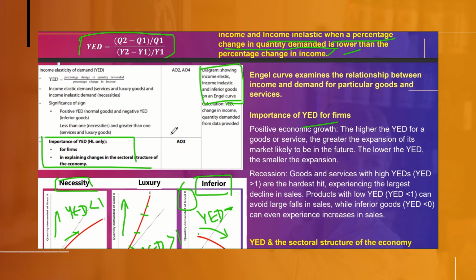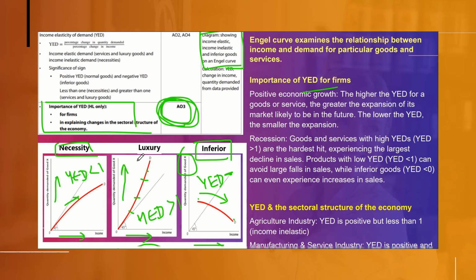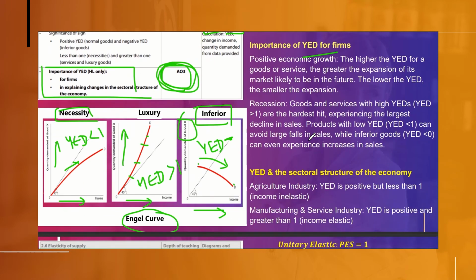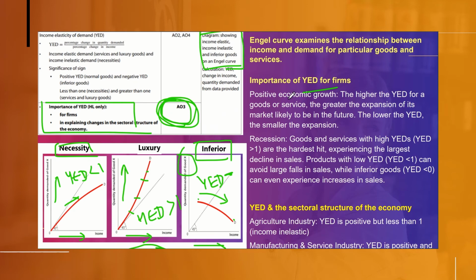They can ask questions on this in part B of the questions, where you can explain. So you can expect a question from this part in part B of paper 1. With positive economic growth, the higher the YED for goods and services, the greater the expansion of the market likely in the future.